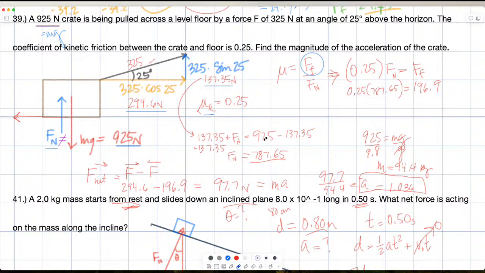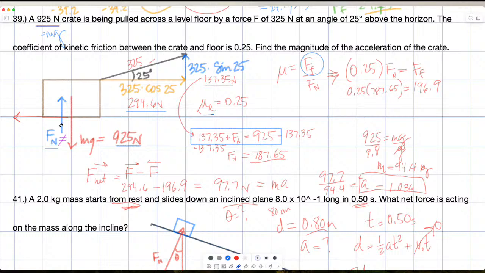So we're going to subtract. This was our original equation: 137.35 up equals 925 down, right? Mg is down.